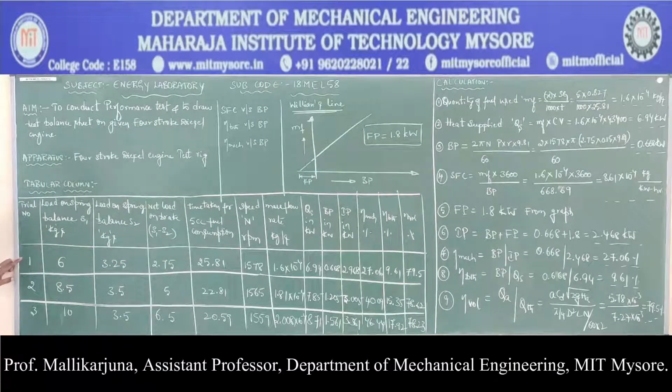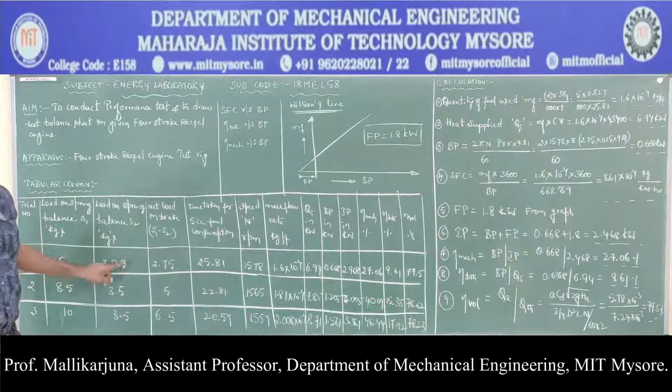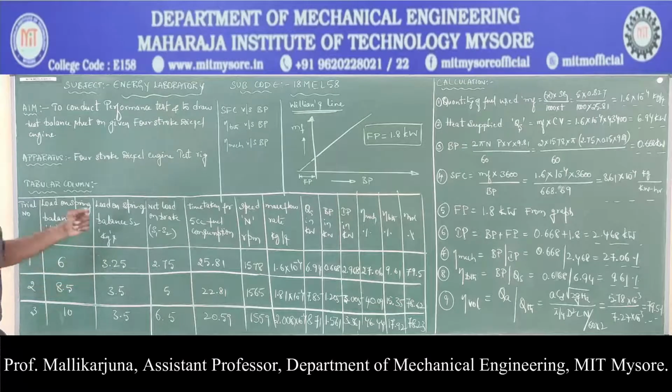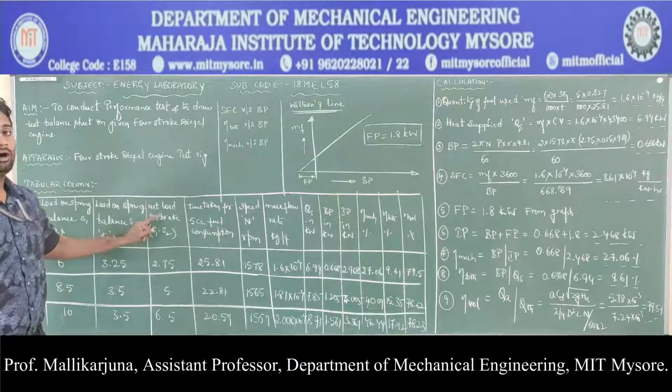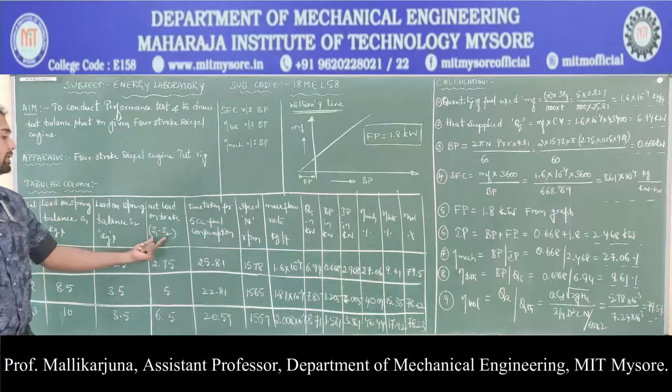I will be taking trial number 1, in which the load on spring balance S1 is 6 kg, and on S2 is 3.25 kg. This is the load which we have applied onto the engine, and these are the spring loads. Net load on the brake drum will be S1 minus S2.